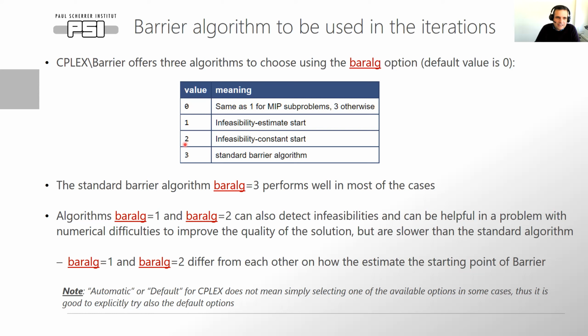Algorithms 1 and 2, as you can see in the descriptions, can detect infeasibilities and can sometimes help with numerical difficulties. So it's good to see how our problem performs when we change the barrier algorithm that is used in the iterations.